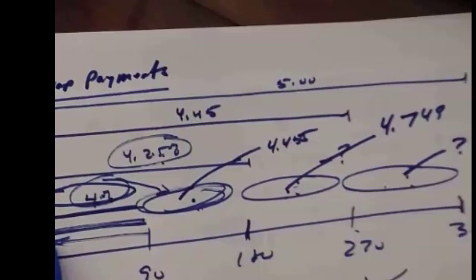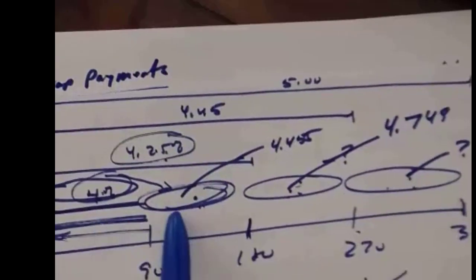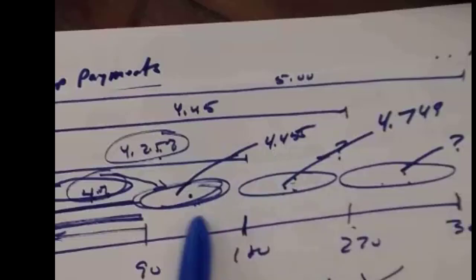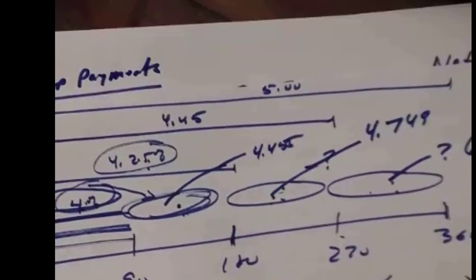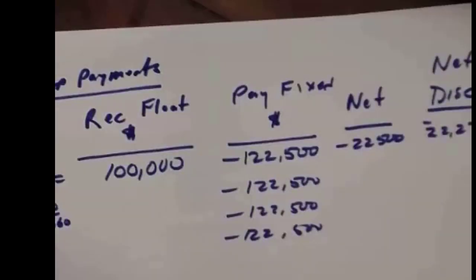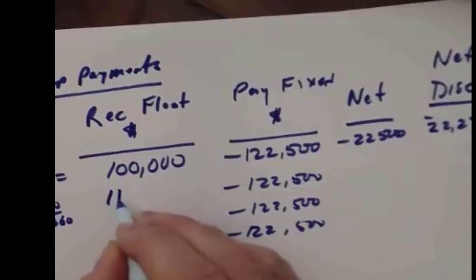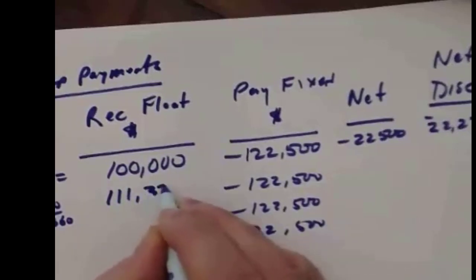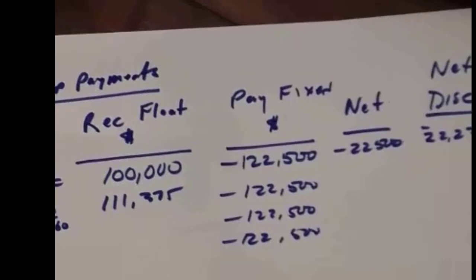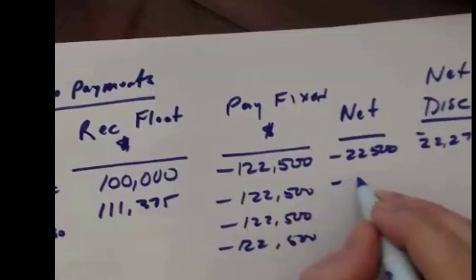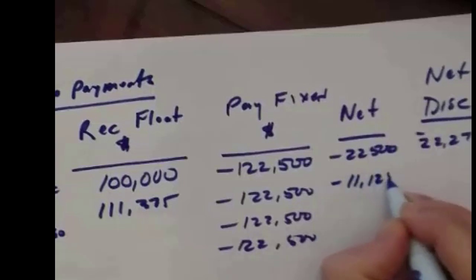That came out to be total, after we netted everything, negative 22,000. Now we're going to calculate the payment here based on the 4.45% and discount it back. Okay, so calculating the 4.455, adjust it for a quarter of a year, and the floating rate payment that's expected to be received is $111,000 netted against the fixed rate that we're paying, and we will pay a net $11,125.